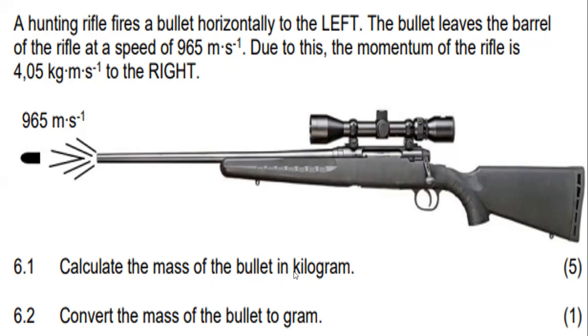Now, when they say we must calculate it in kilograms, then we are not worried, because in our formulas in paper 1, we substitute our mass in kilograms. In other words, when we are solving questions, we will be getting the mass in kilograms automatically. We won't be converting. They themselves are giving us the mass in kilograms.